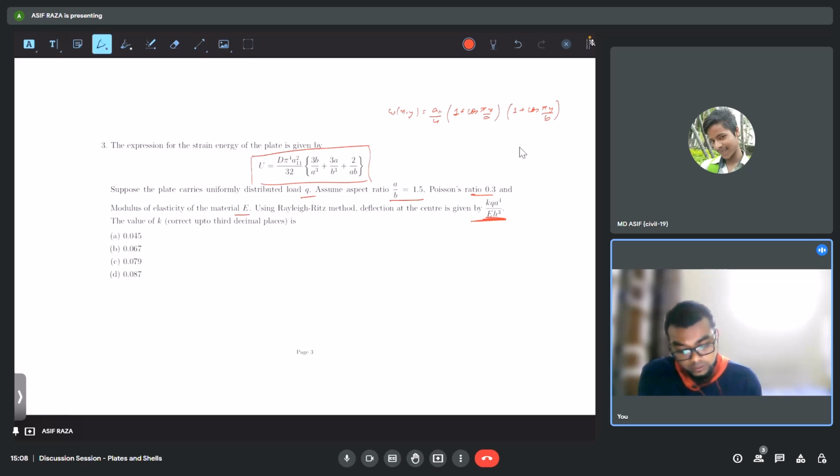We need to find the deflection at the center, and the approximated displacement has been taken as this.